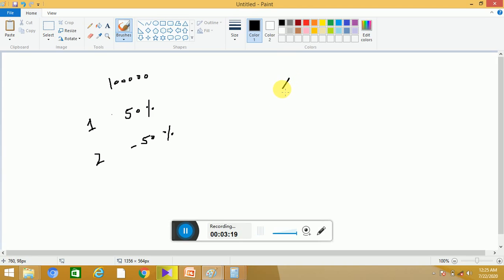Use arithmetic mean. X bar is equal to summation x divided by n.